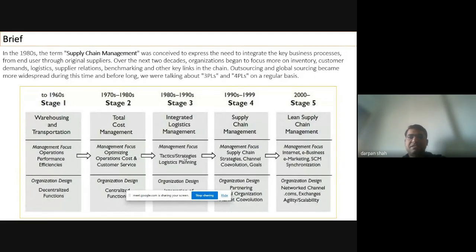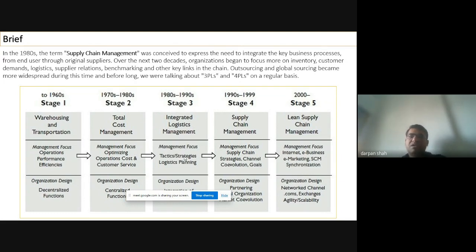And in stage 4, the real supply chain management, the management focus was on co-evaluation, developing our suppliers together so that both of us can achieve a common goal. So this is where the real supply chain management came into the picture.